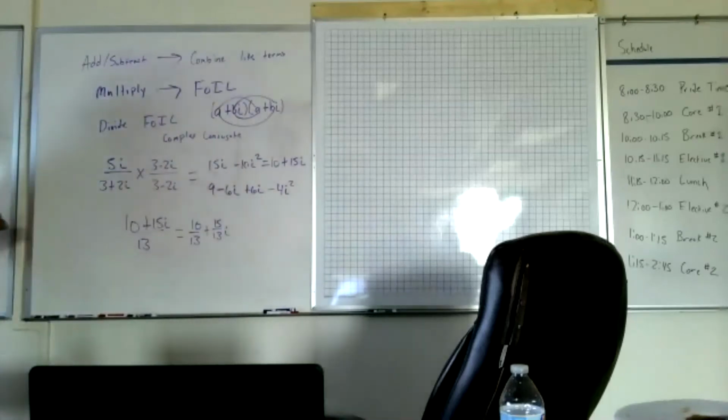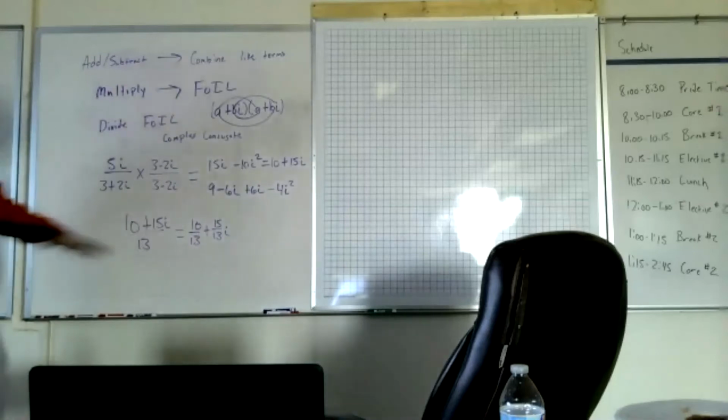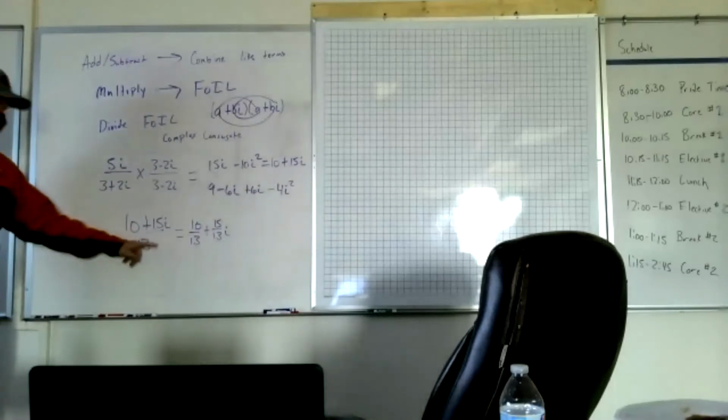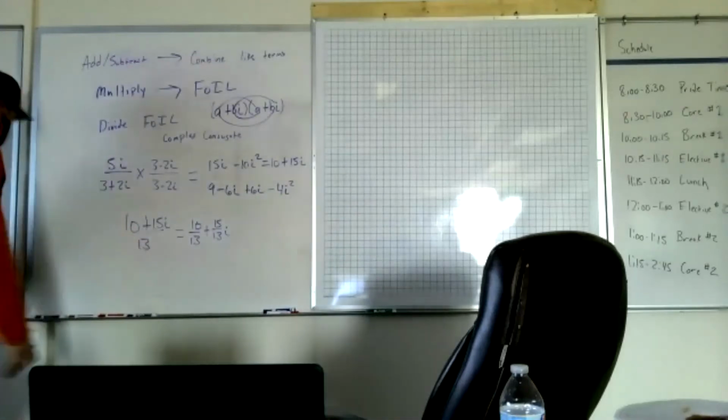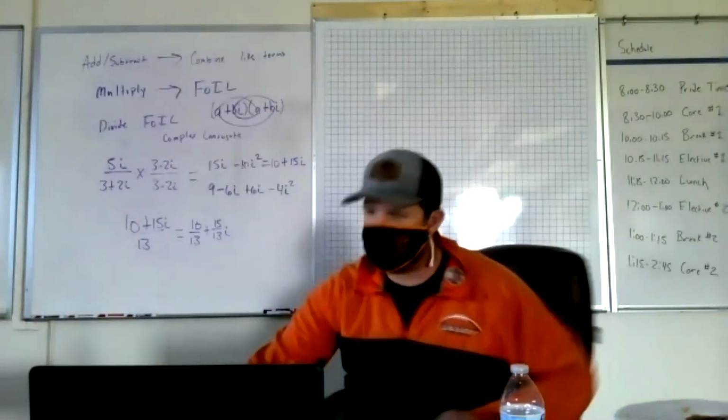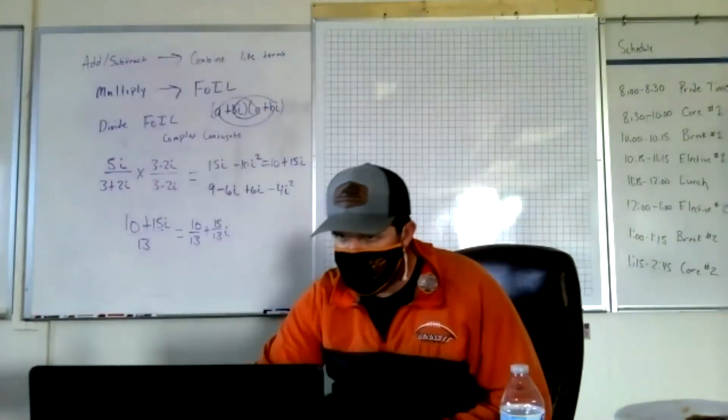You can see that once you're multiplying with the complex conjugate in the denominator, we're left with a whole real number. There should be no element of i in the denominator once we're done. It all gets broken out and simplified that way.